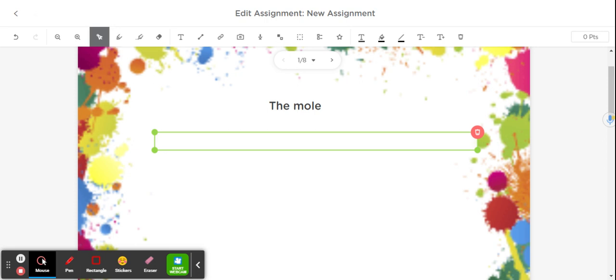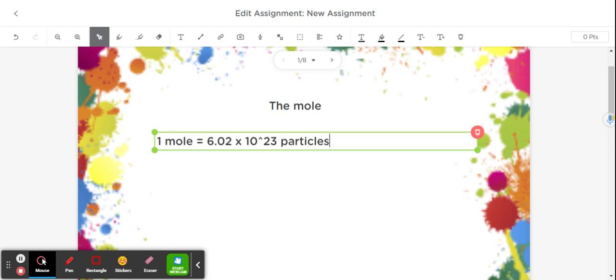I want you to connect this number with the word mole. 1 mole is 6.02 times 10 to the 23rd, and we're just going to say particles. Basically a mole is 6.02 times 10 to the 23rd of whatever we're talking about. That could be atoms, it could be molecules, it could be basketballs.